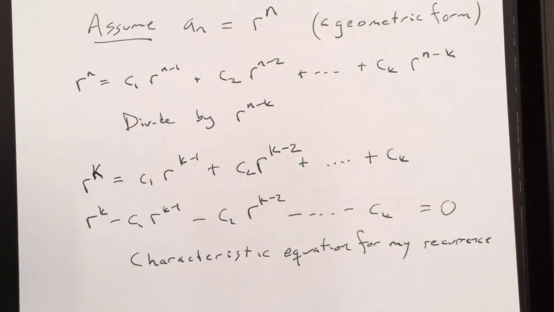And now I can use this to find values for r that work in my recurrence. All I have to do is solve this problem. Sure. All I have to do is solve this. Yeah, sounds like a piece of cake.